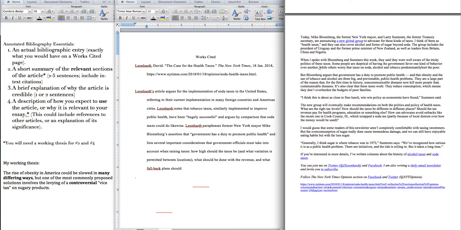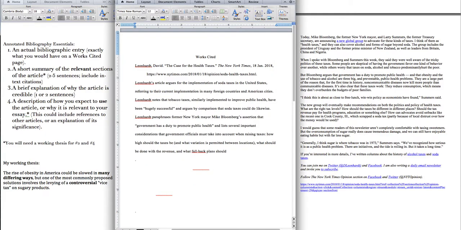Particularly, I think it's a good strength here that he refers to some mayors and the Treasury secretaries, people who think about the financial impacts this tax would have on the government, and also the health benefits that it would have. So they're looking at this from a very economic and governmental standpoint, and I need to acknowledge that here because I'll also want to get some other perspectives, some medical perspectives and other things.